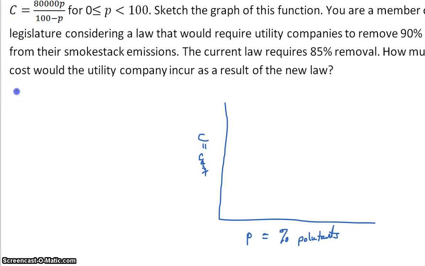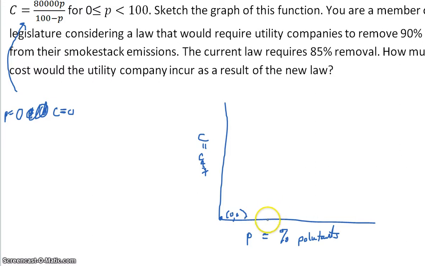So here's our function, and we know at 0 we're going to get 0 in the numerator, so C is going to equal 0. So at 0, we're going to get 0. So we get the point 0, 0 here.